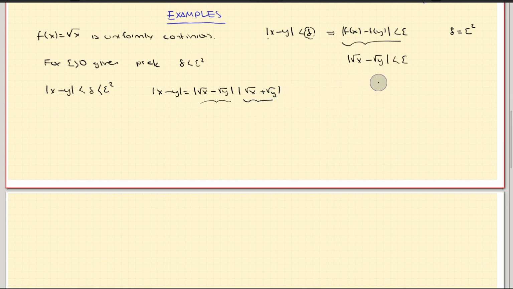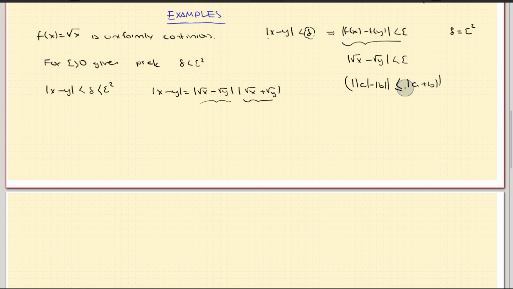We can use the triangle inequality: remember that the absolute value of a plus b should be greater than the difference of the absolute values of a and b.